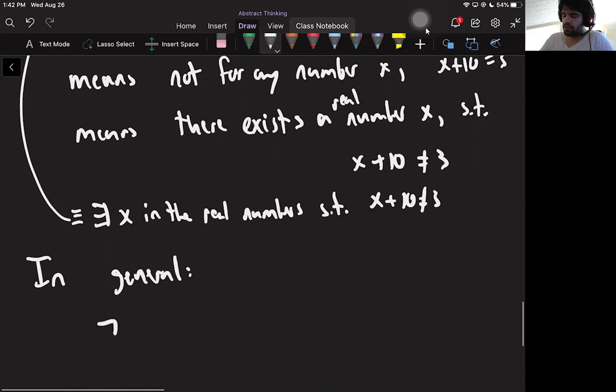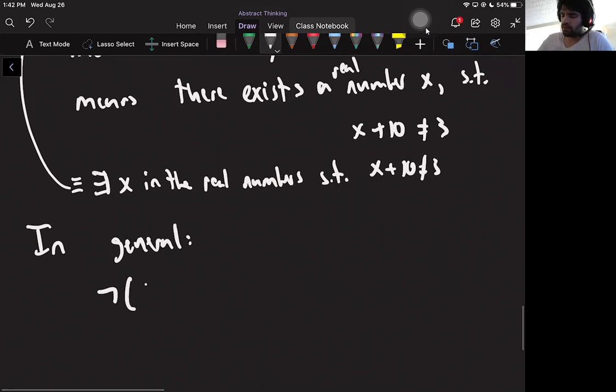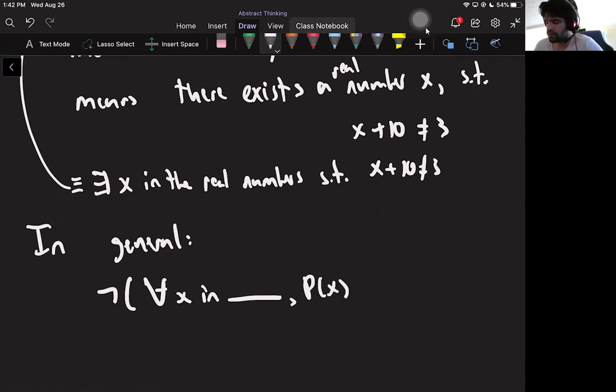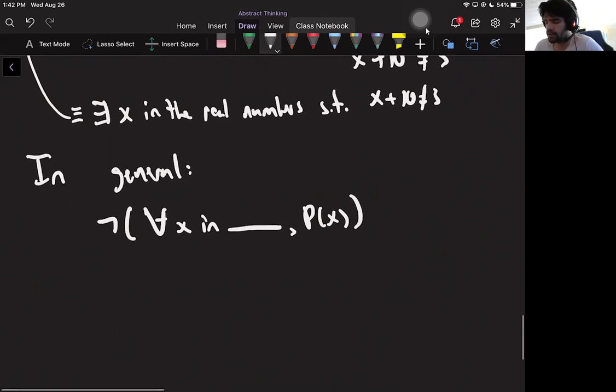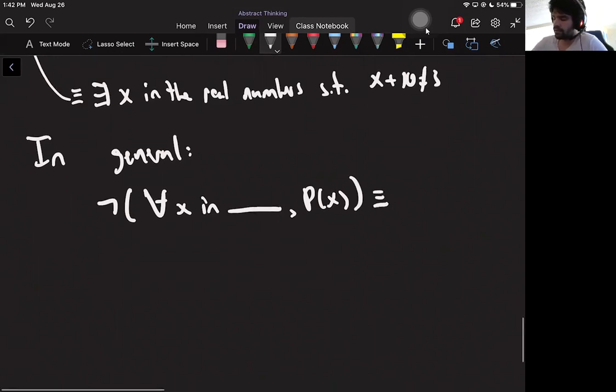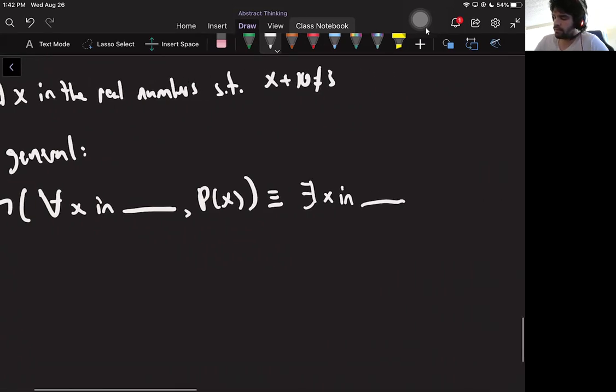So in general, if you do a negation of a for all statement where x is in something, and then you claim that for all of those possible x's some predicate happens, then that is equivalent to saying that if that's not to occur, there has to be something in those possibilities which makes the predicate not happen.